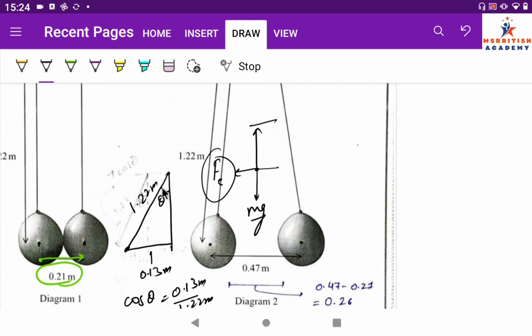Because I take this as theta, by opposite angles this will become theta. So this time T cos theta will be up, and this will be T sin theta.